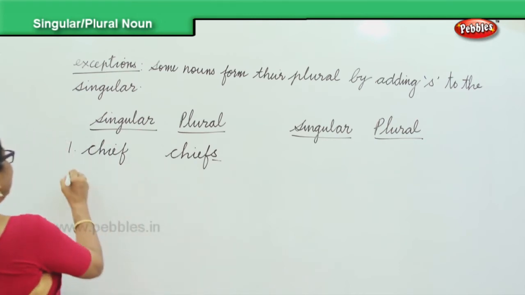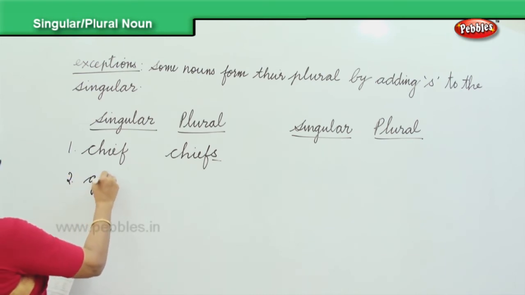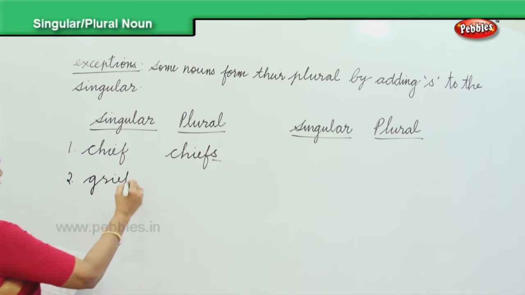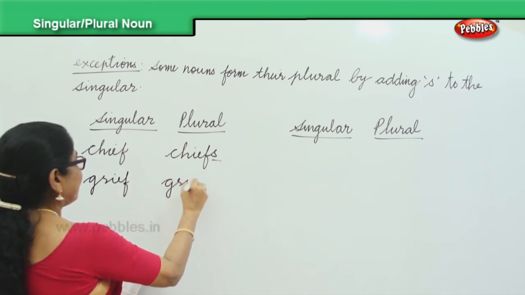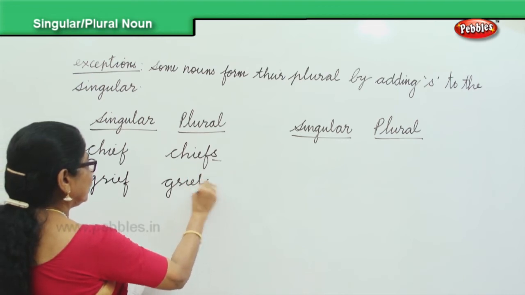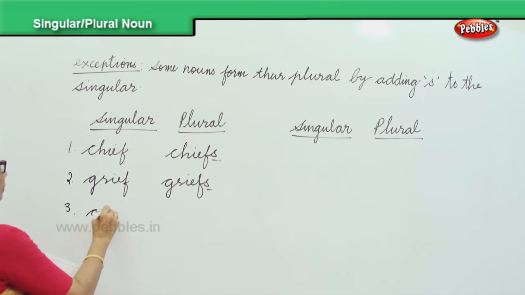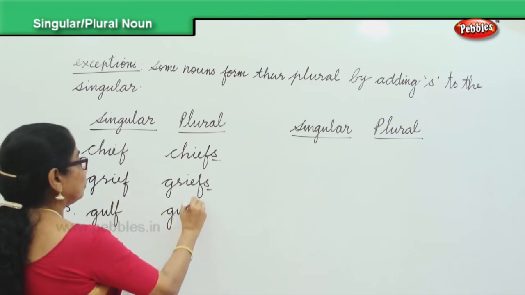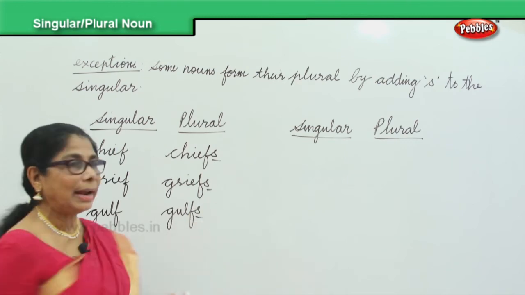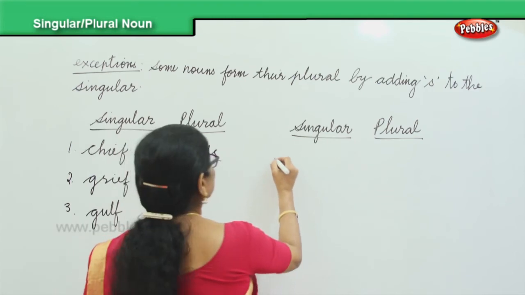Just few. Grief. Very sad. Griefs, adding S. Next, you have gulf. Gulf, gulfs. You simply add an S to form the plural.